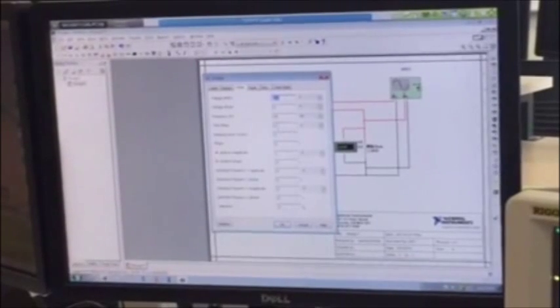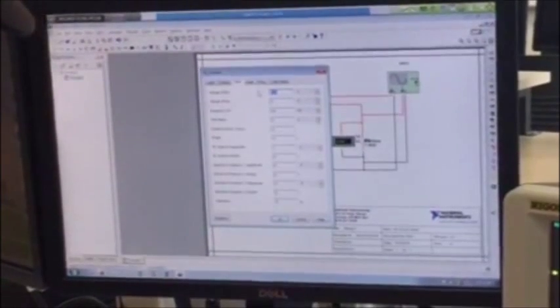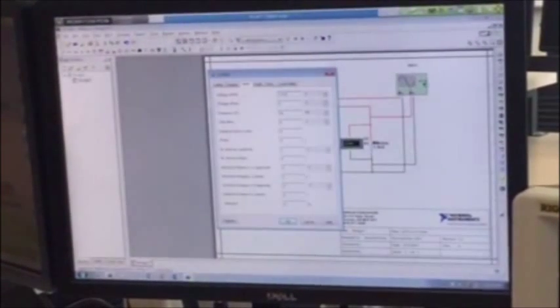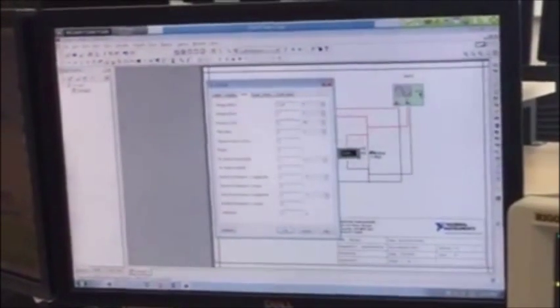Okay, now we're going to update the AC power source to 3.535 volts RMS. And the frequency is going to be updated to 1000 hertz.